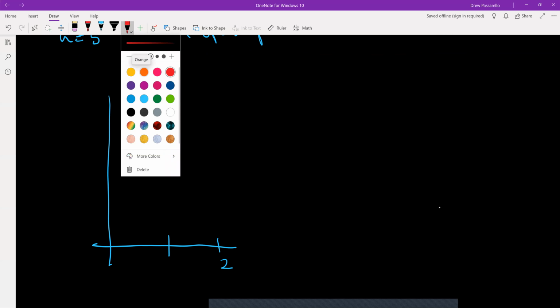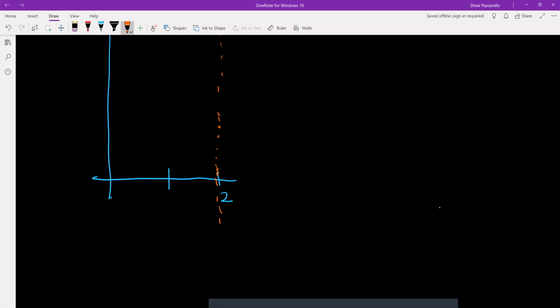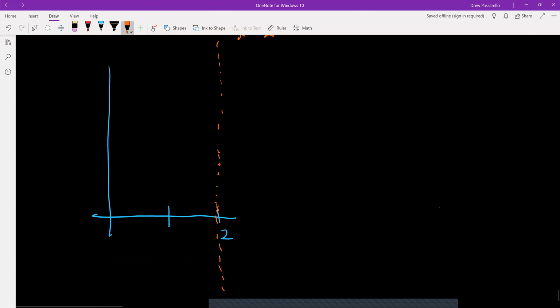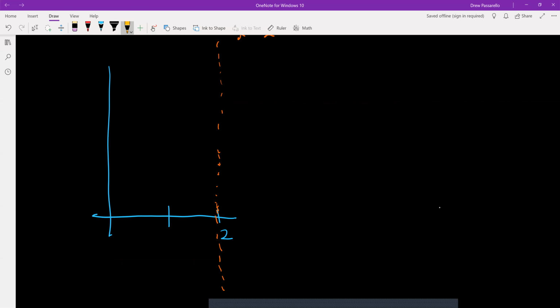For x equals 2, that's this orange vertical line. And we know x equals 0 is the y-axis.